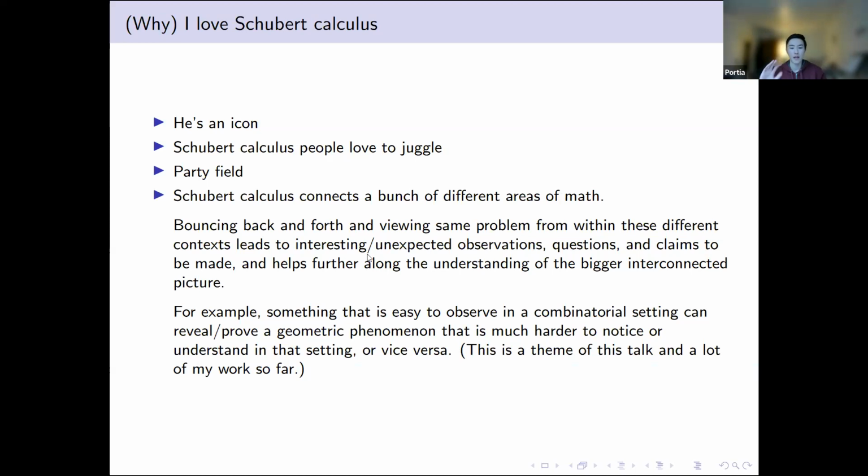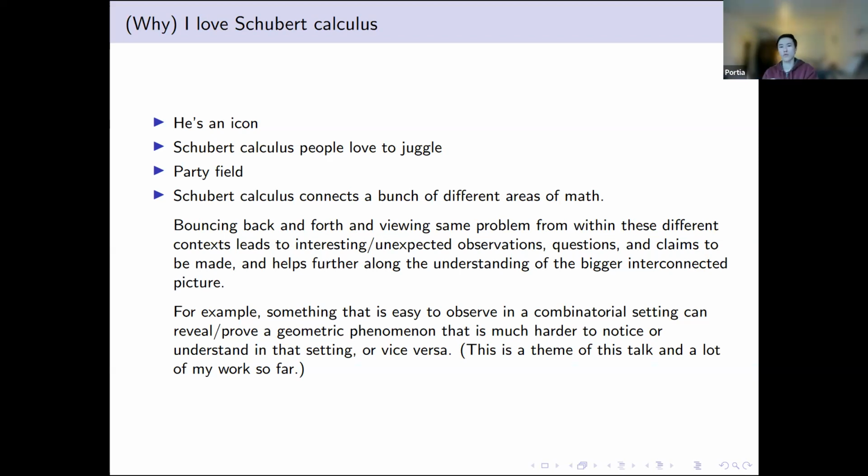A lot of my work has to do with shifting perspectives and going back and forth: looking at something from the combinatorics end and then saying, oh wait, that would imply that the geometric manifestation should be true over here, and I didn't know or expect that.